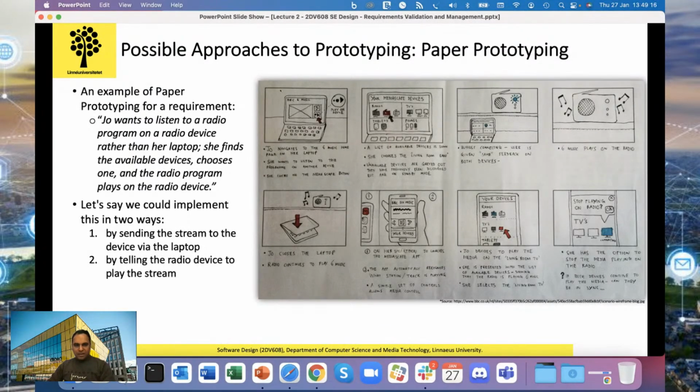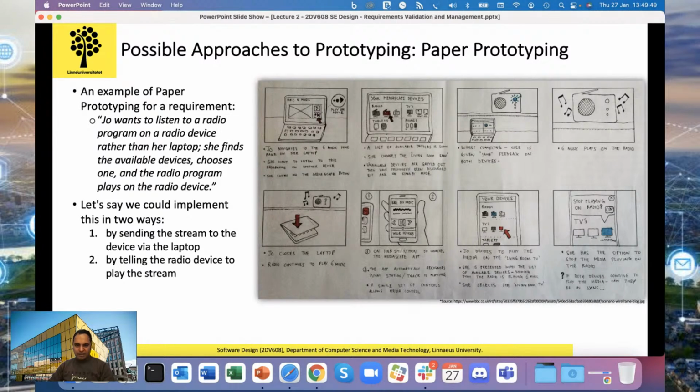Let's say Joe. So the analyst draws an interface like this. So it's a laptop of Joe, where she is opening this app, and when she clicks on the play button, or she wants to play something, it opens a number of available devices that she can play her music on.